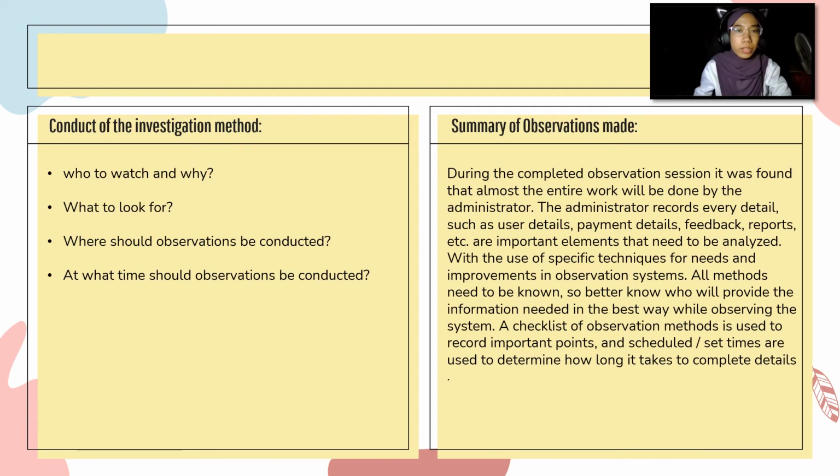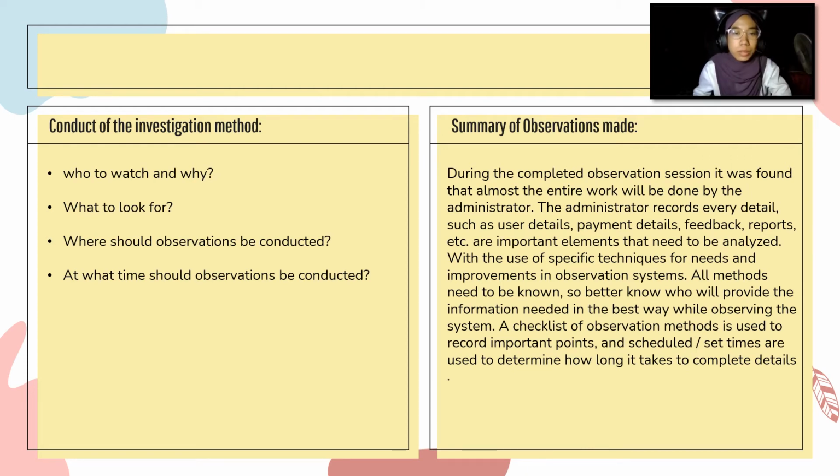Conduct of the observation method. Who to watch and why? The administrator and user are subject to observation. This is because the entire system is used by the administrator and user. What to look for?